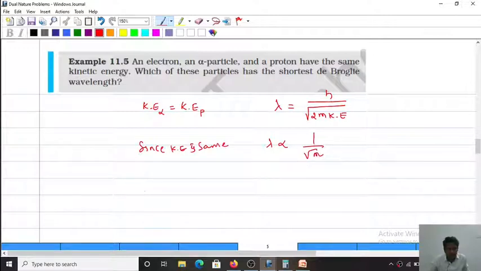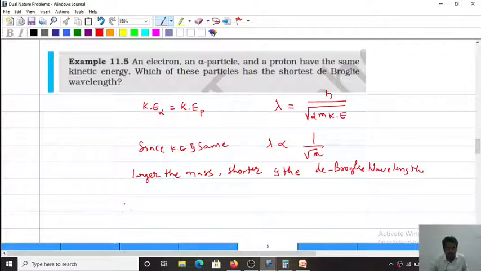So by using this relation we can say that the larger the mass, the shorter is the de Broglie wavelength associated with it. The mass of the alpha particle is greater than the mass of the proton, so the larger mass particle will have the shortest wavelength.